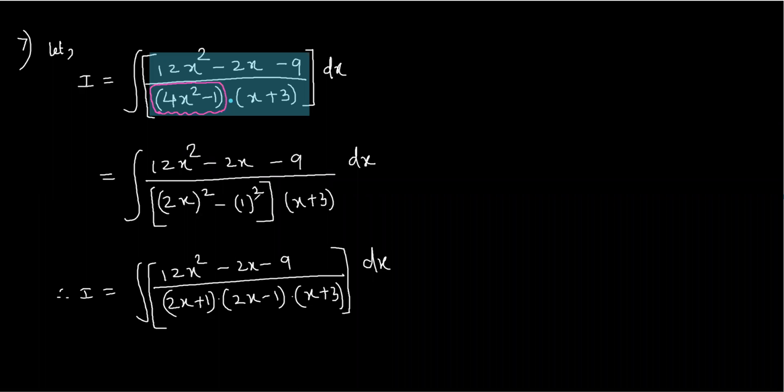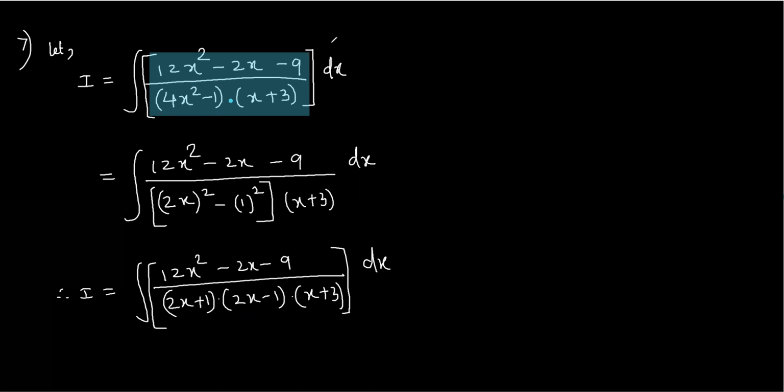So (2x) square minus 1 square will become (2x plus 1)(2x minus 1), and into (x plus 3). So now I have a denominator having 3 distinct linear factors, that is non-repeating linear factors. So it is type 1 of partial fraction problem.